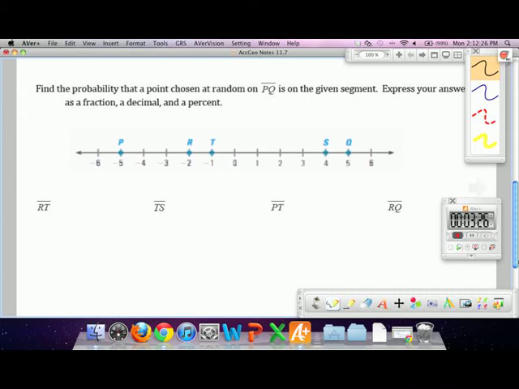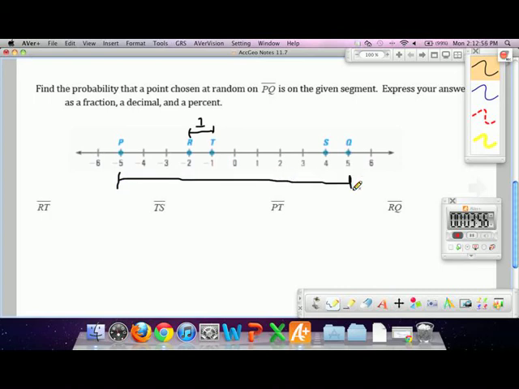So in a one-dimensional case, I can compare lengths. How long is the successful length in our first one? What's the length of segment RT? RT has a length of 1. Compared to the total length, since a point I choose could fall anywhere at random on segment PQ.